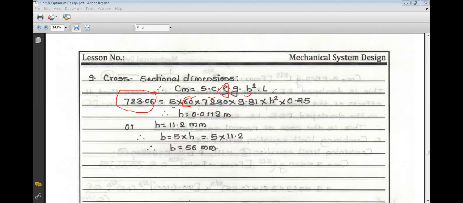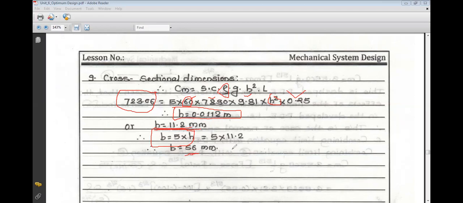We have to calculate h square, and the length is given, so from that we can find h in meters. Converted to mm, the value becomes 11.2. And there is a relation given between width and depth, b equals 5h. So 5 into 11.2, the value of b is 56 mm.